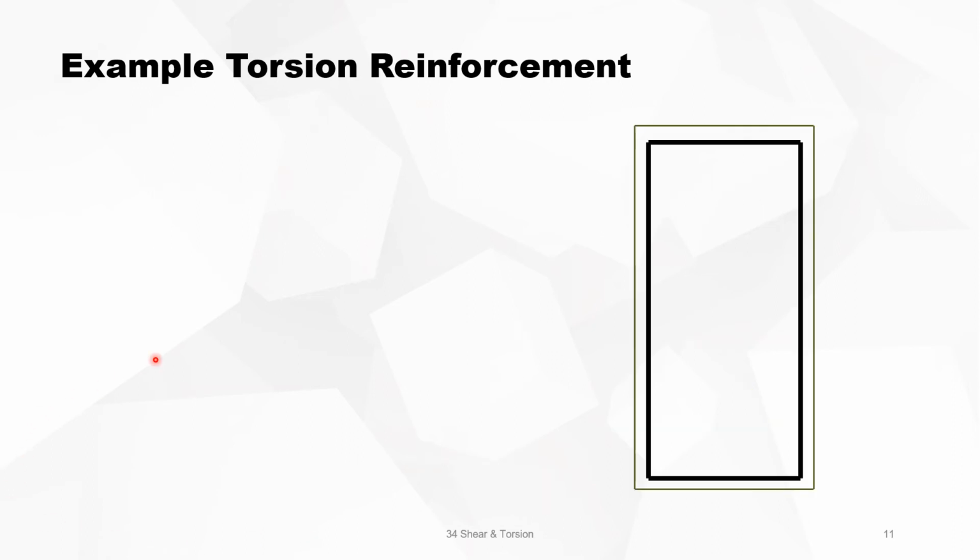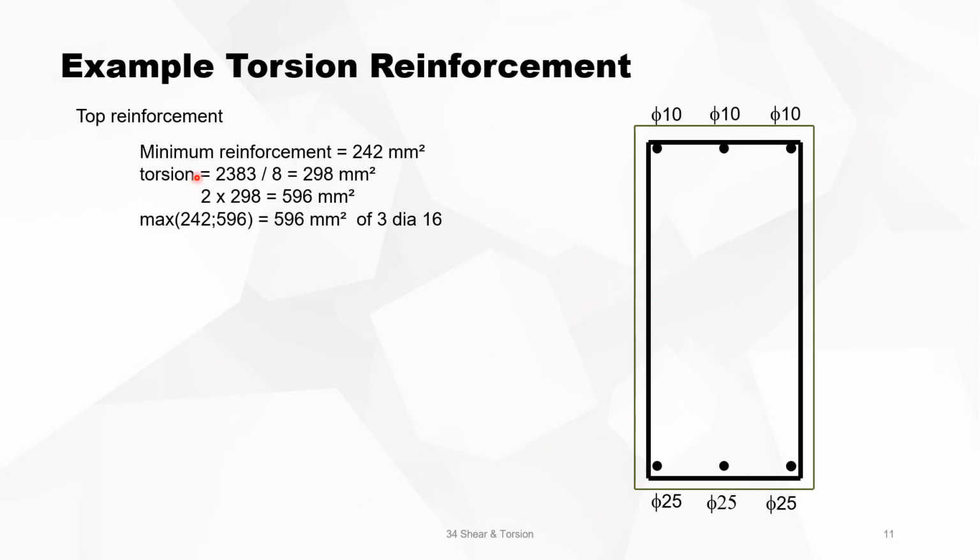Now we will have a look at the cross section. We know that we have 3 diameters 25 as tension reinforcement and 3 diameters 10 as compression reinforcement. Let's consider the top reinforcement now. The minimum reinforcement that should be put there is 242 square millimeters.